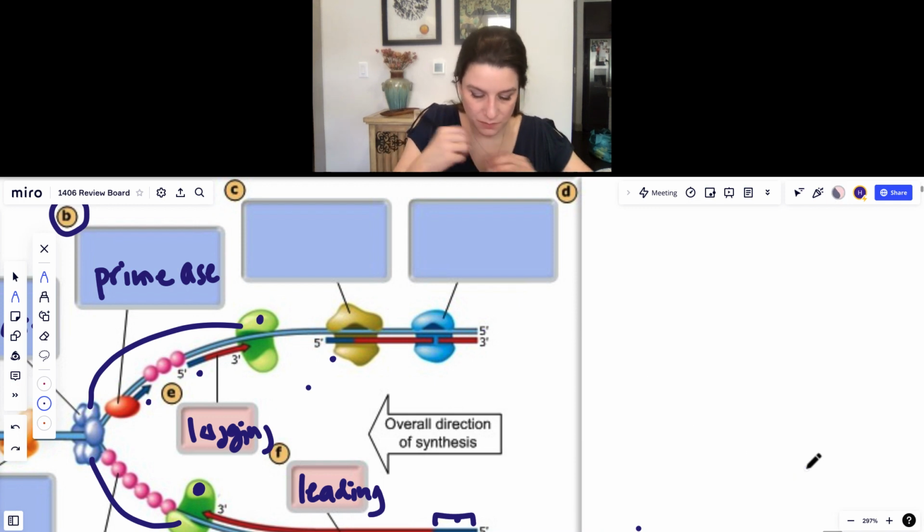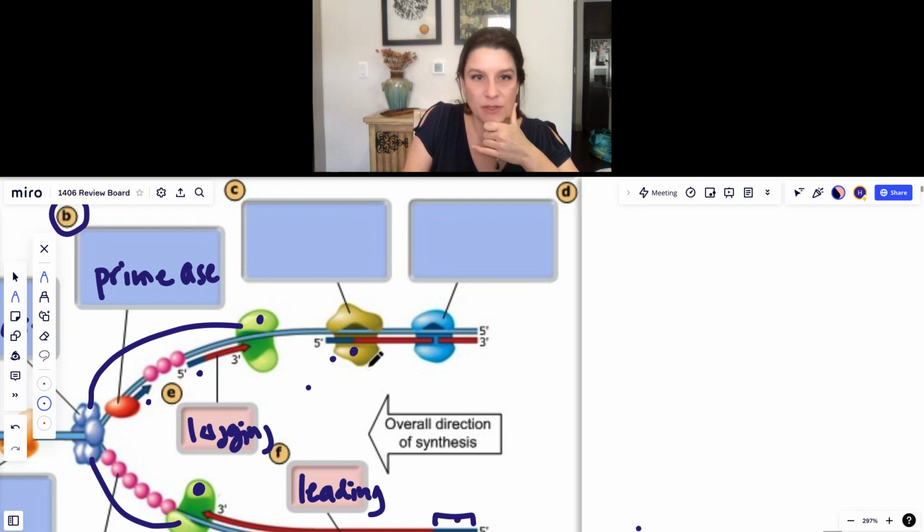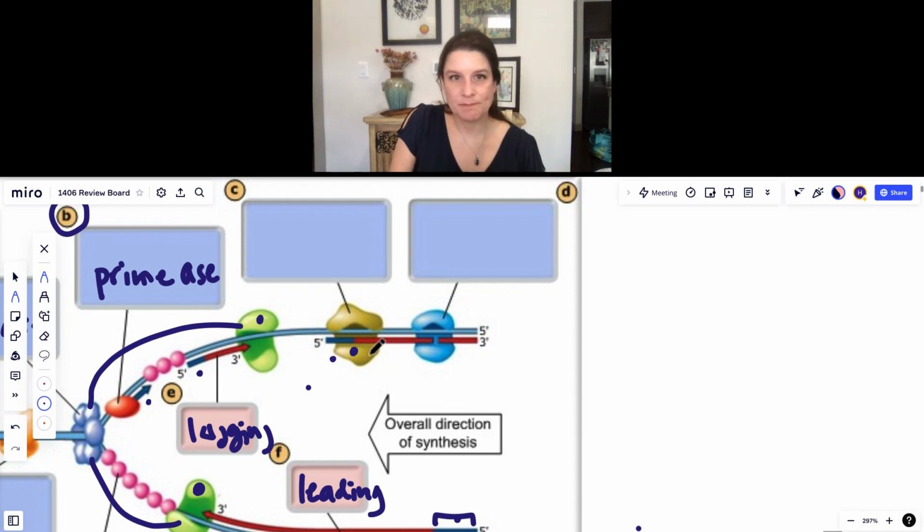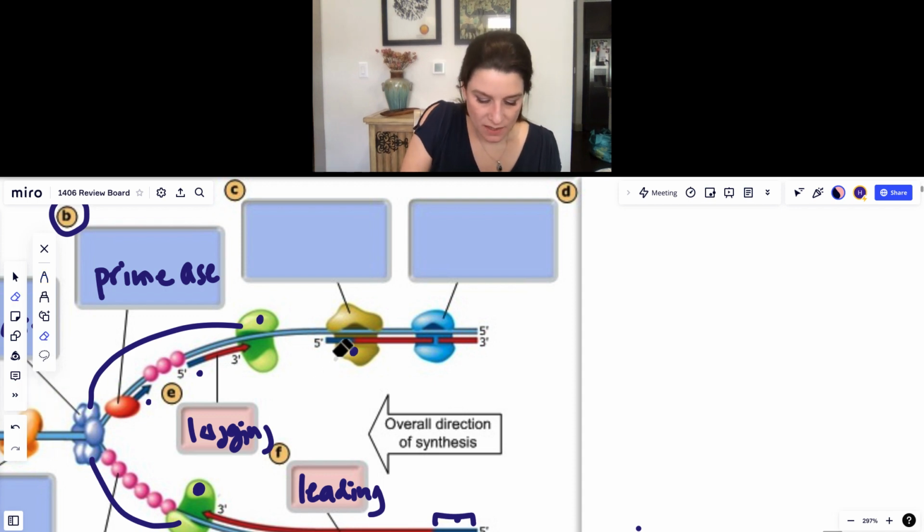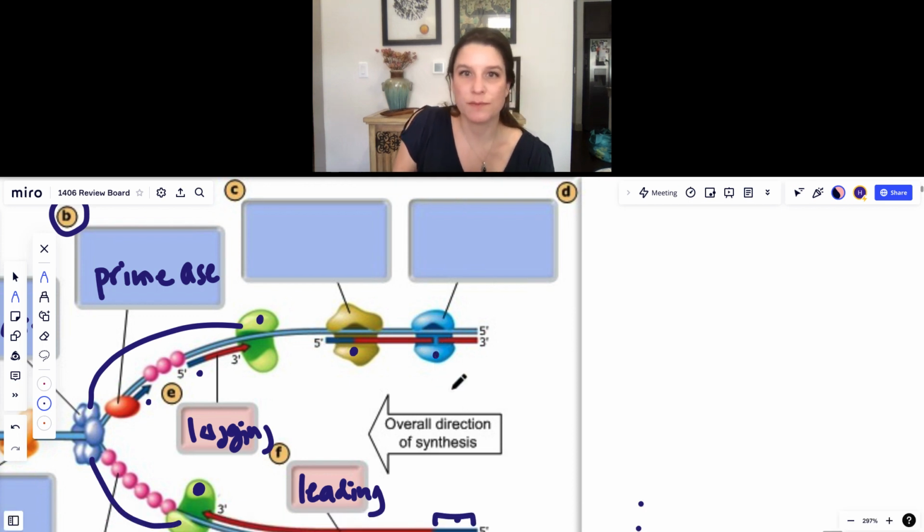All right, so we have to see what's going on. Well, one clue here is that our letter C, the yellow one, is sitting at the area between the primer and the DNA. So that's where it's acting, at the primer and the DNA. Versus this blue one, letter D, is sitting right at this place where there's the gap.